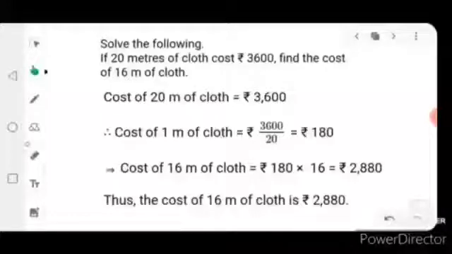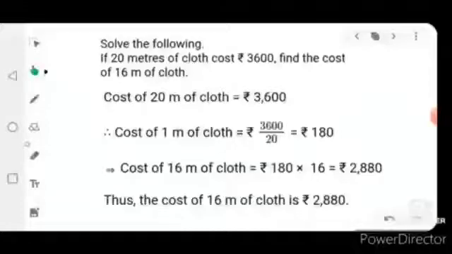Now, how can we solve this problem? Here is the answer. The cost of 20 meters of cloth is 3600 rupees. Then the cost of 1 meter of cloth is 3600 divided by 20, which gives 180. So the cost of 1 meter of cloth is 180 rupees.